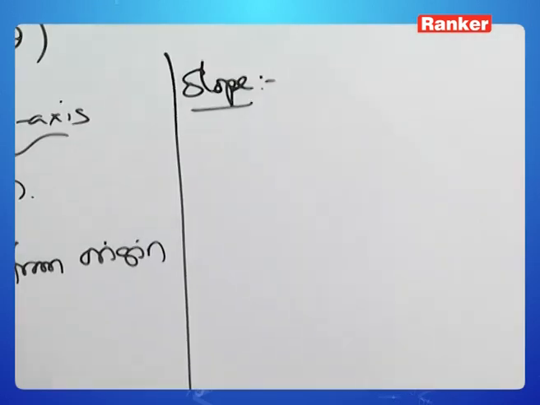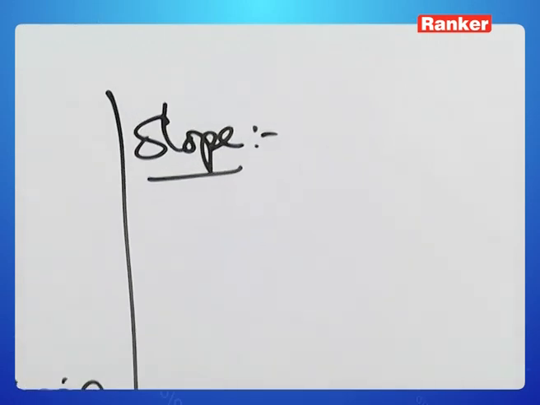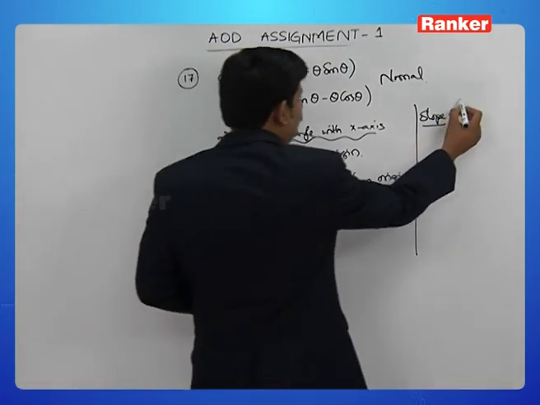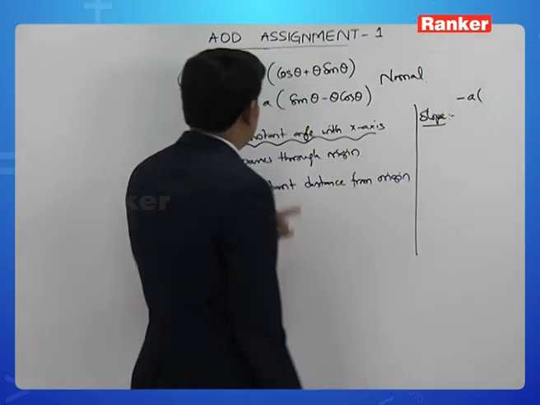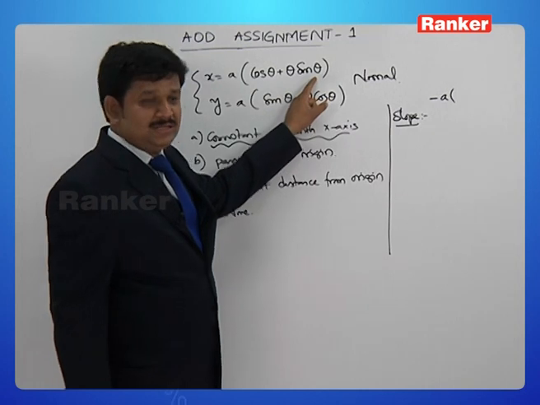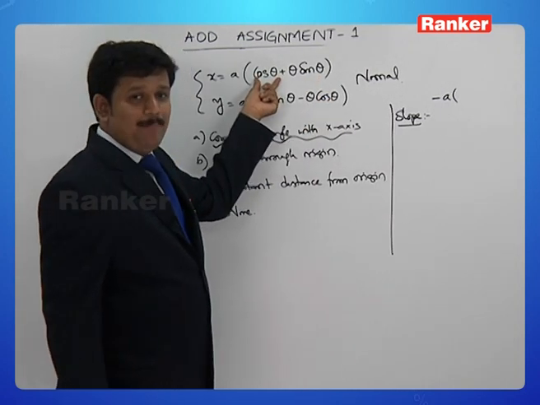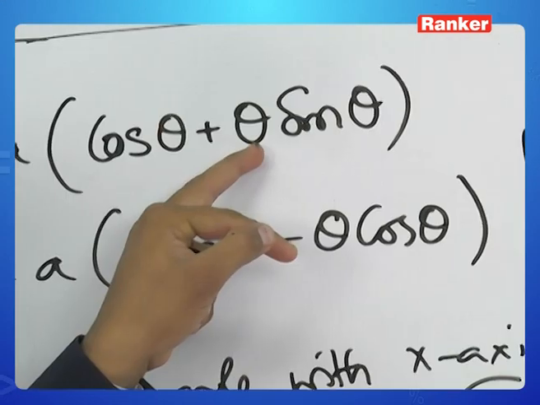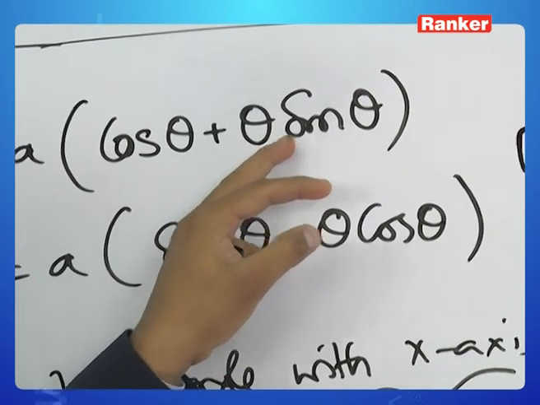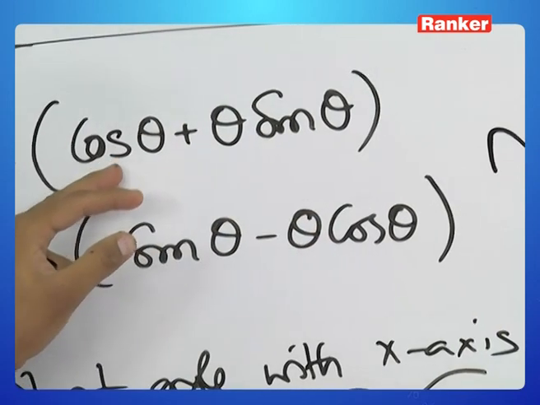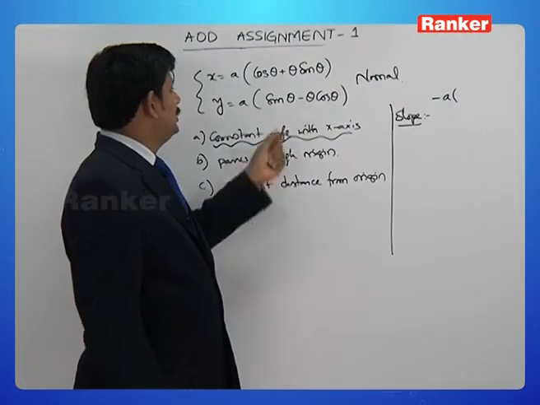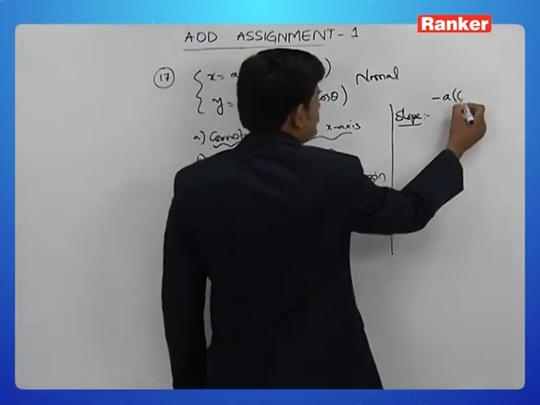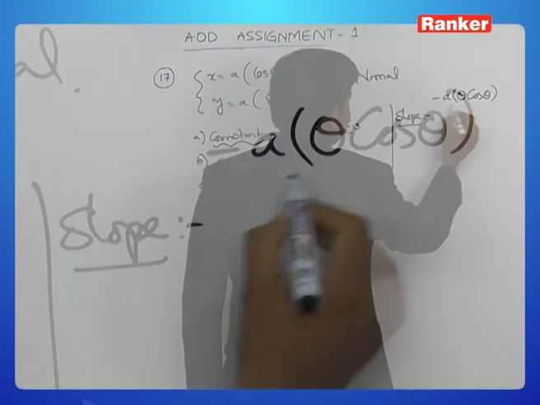Slope of the normal is given by minus dx by dy, which is minus dx by d theta divided by dy by d theta. For dx by d theta, a into the derivative of cos theta plus theta sin theta: the derivative of cos theta is minus sin theta, then by the UV rule, the derivative of theta is 1 into sin theta, the sin theta terms get cancelled, plus theta into the derivative of sin theta, which is cos theta. So this is theta cos theta.